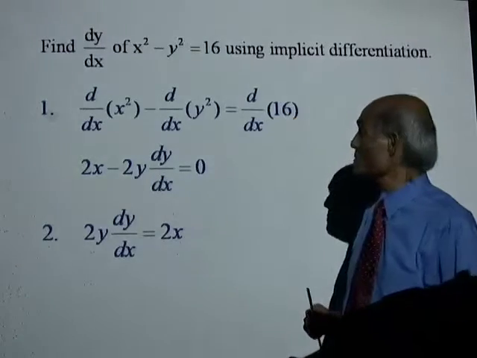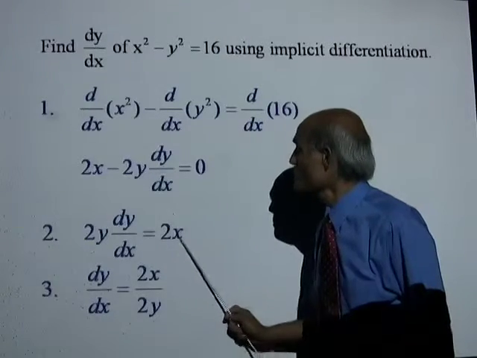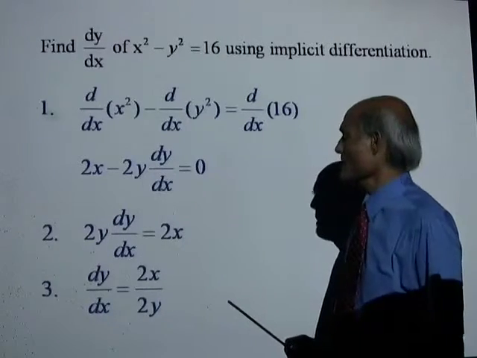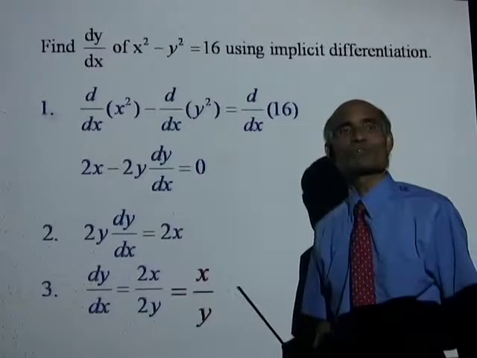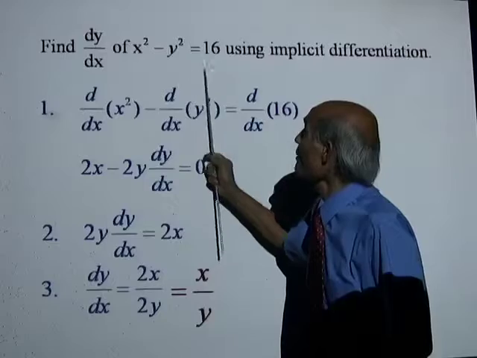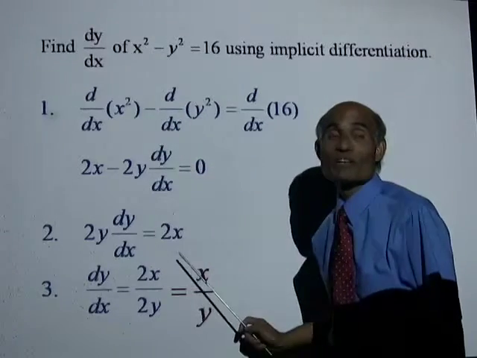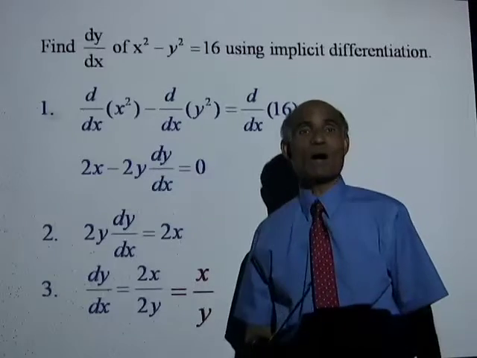And therefore, what is dy by dx? Dy by dx equal to 2x divided by 2y, which is x over y. So the derivative of this implicitly defined function with respect to x is x over y.